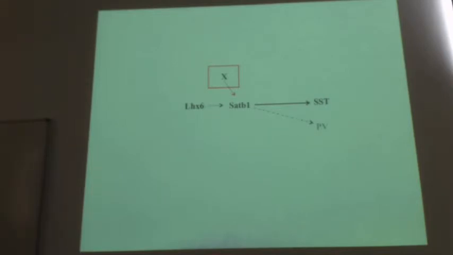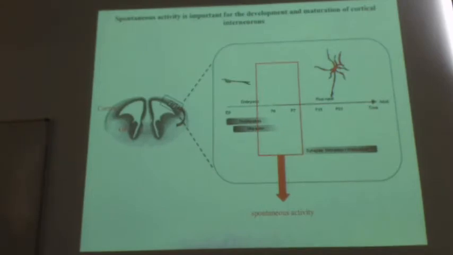Because SADB1, as I mentioned, is expressed during late developmental stages, and we know that during these stages cells are active and have spontaneous activity, potentially this spontaneous activity might be important for the induction of SADB1. So SADB1 might be an activity-dependent gene.